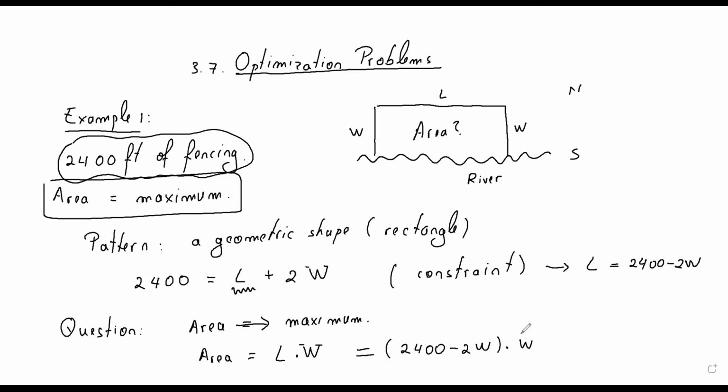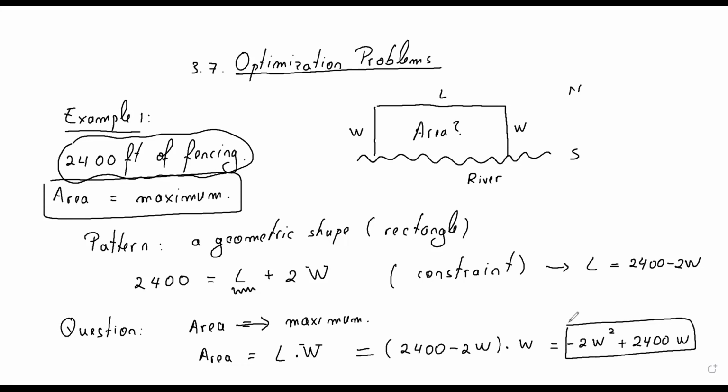And that is now a nice function, because we can write the product: negative 2W squared, and then plus 2400W. So this guy here is the function that I want to maximize.